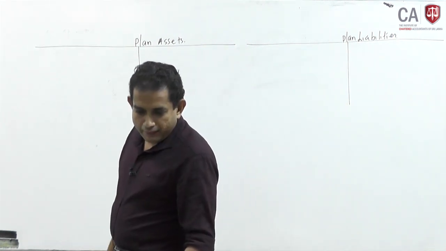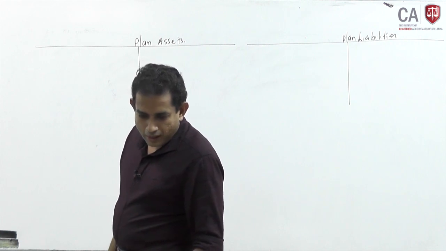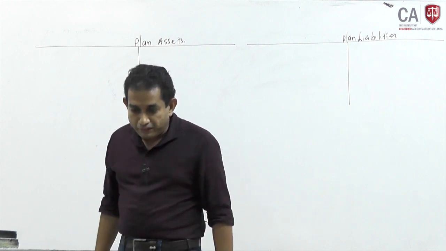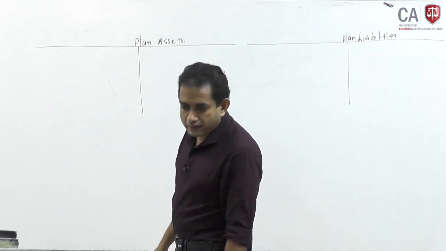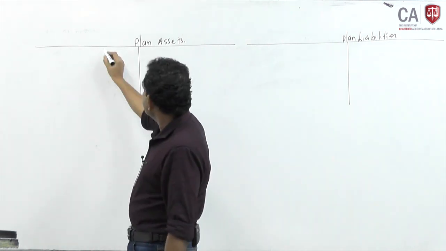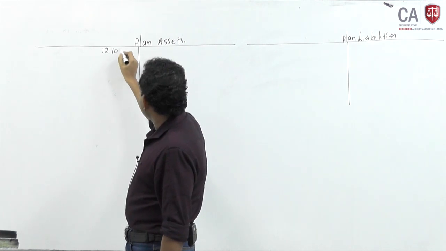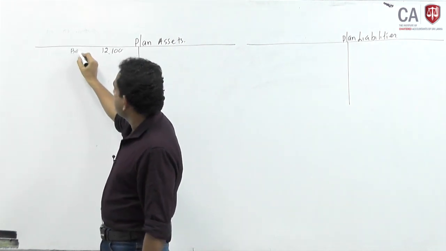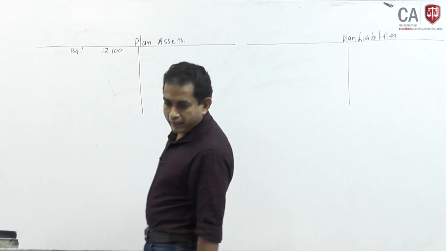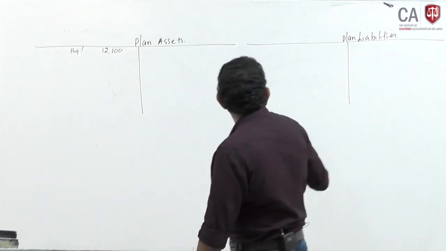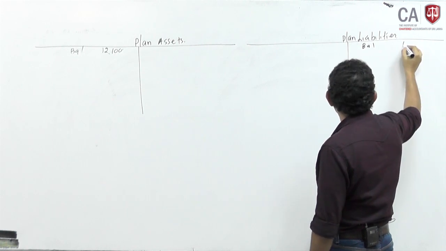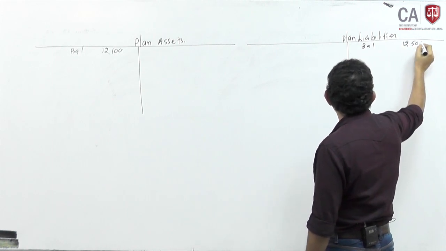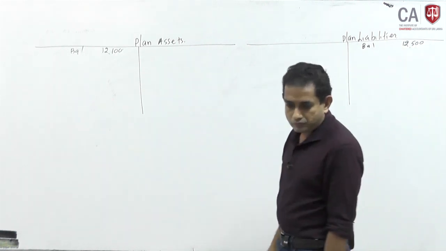Fair value of the plan asset and the present value of the pension liability as at 1st April 19, beginning balances, are given. 12,100,000 is the fair value of the plan assets at the beginning of the year. Present value of the plan liabilities at the beginning of the year is 12,500,000.